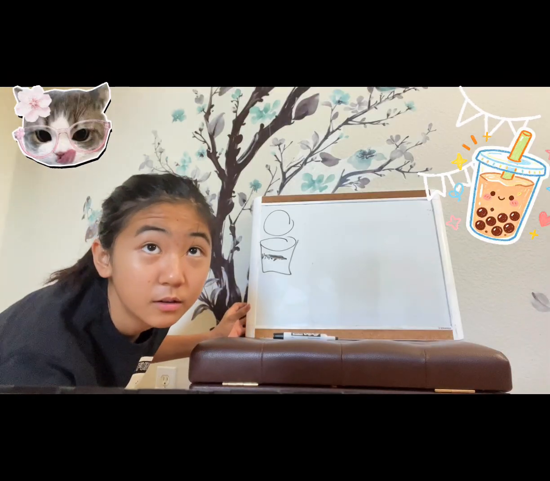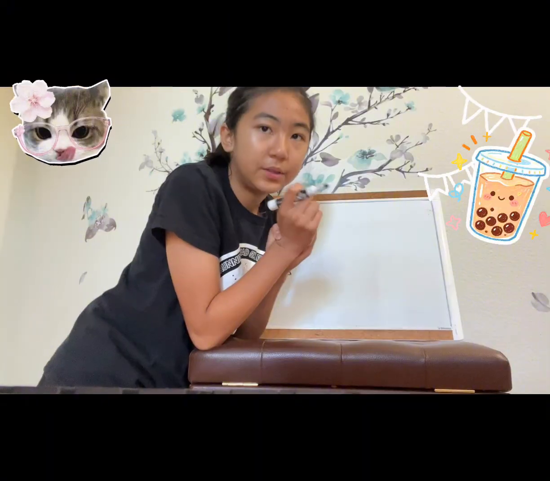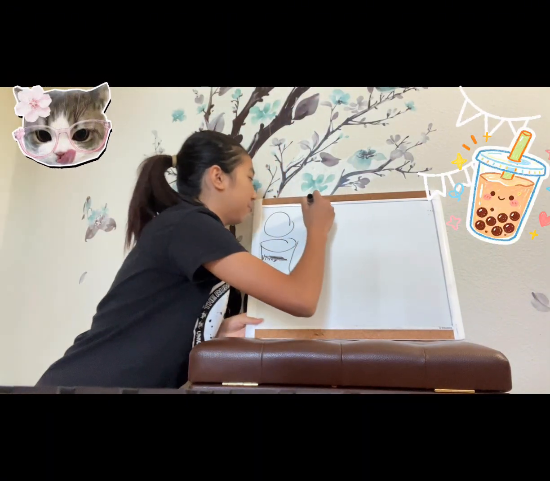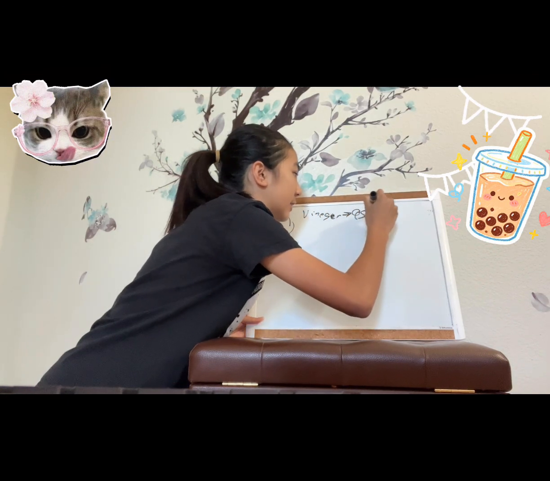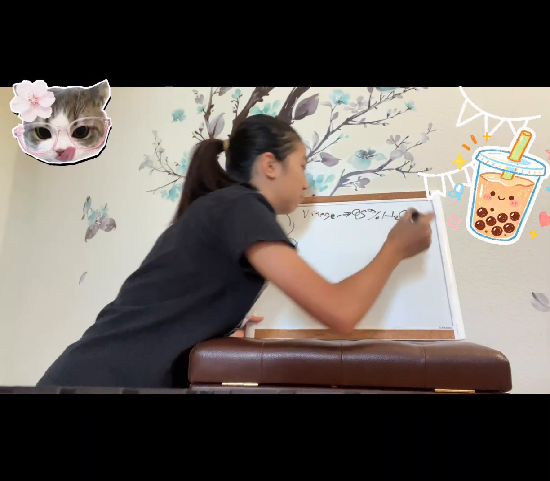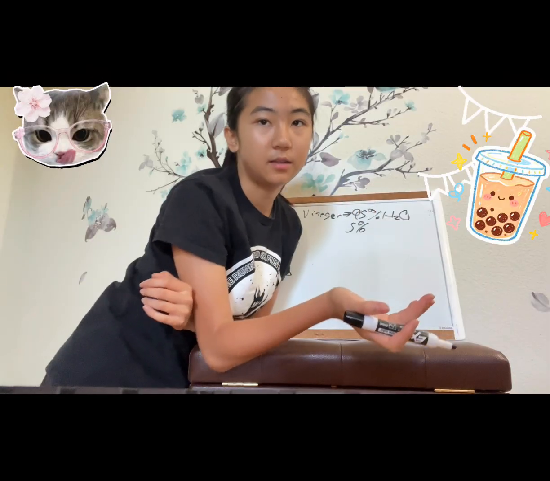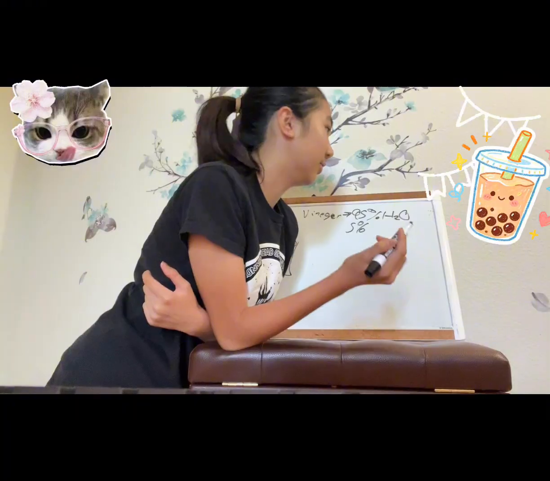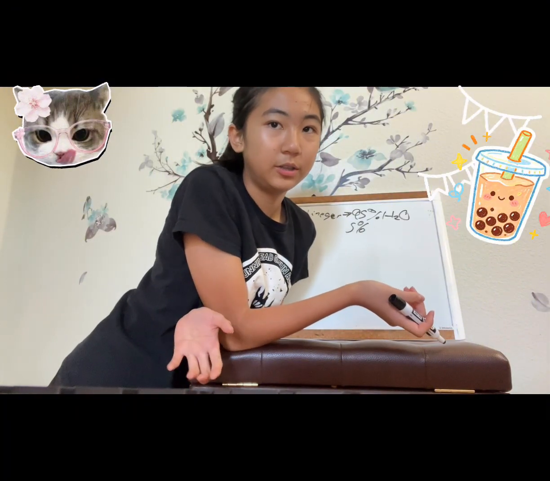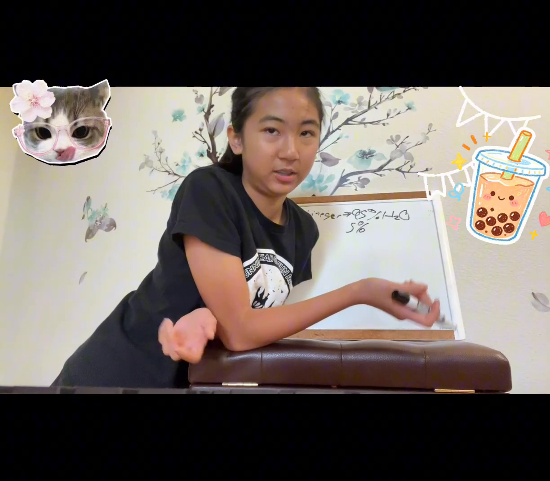First of all, we need to know what vinegar and the egg are made of. Vinegar is 95% water and 5% acetic acid. You might be asking, what is acetic acid? Acetate is a polyatomic ion, which is a bunch of elements smushed together, but it has a charge.